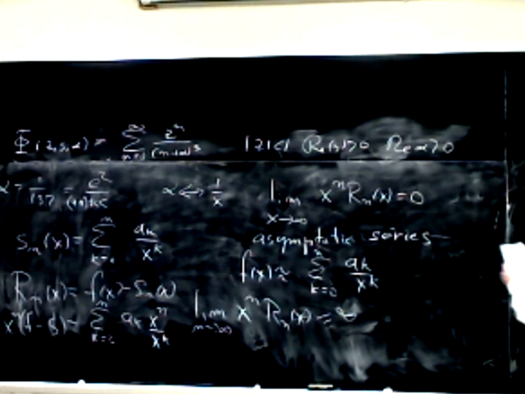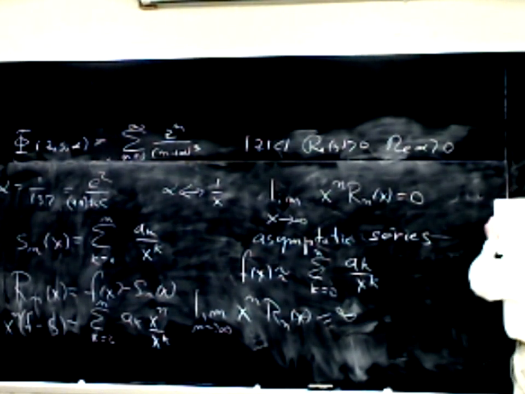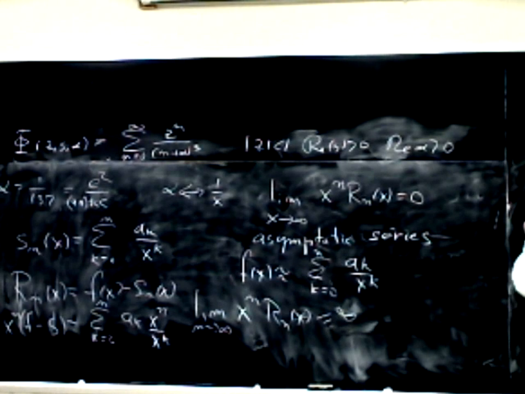And in particular, E1 of x is an integral from x to infinity of e to the minus y, dy over y. You can see this is a function that behaves badly as x goes to 0.